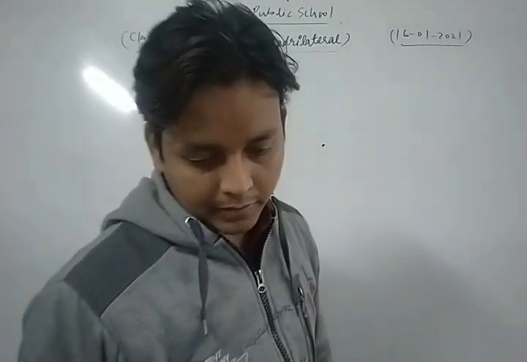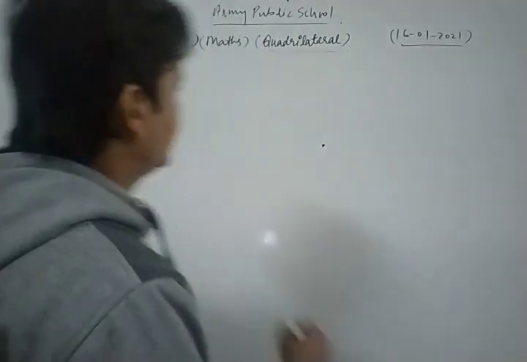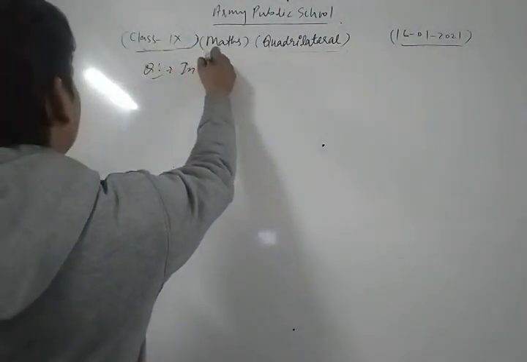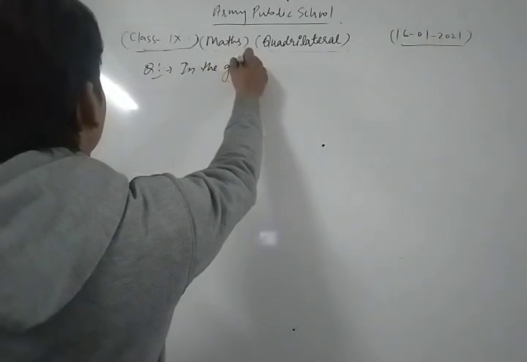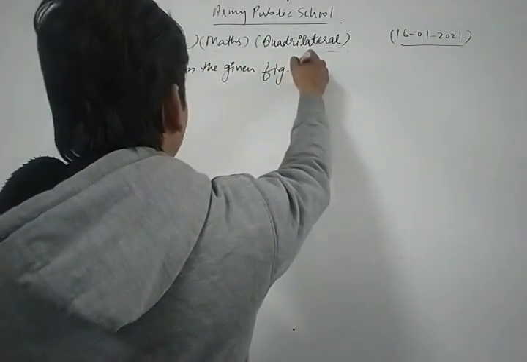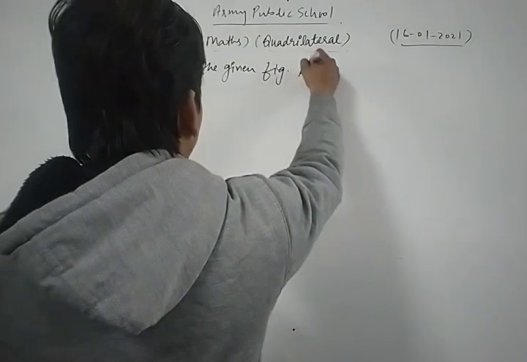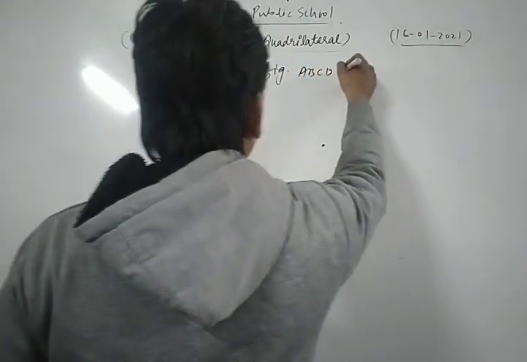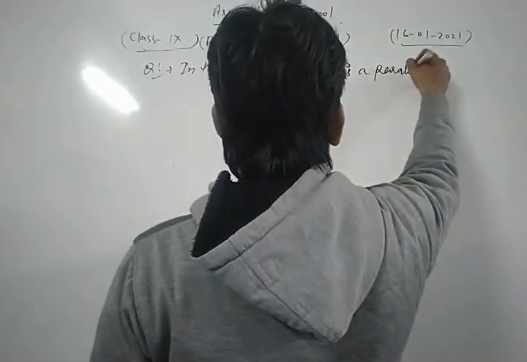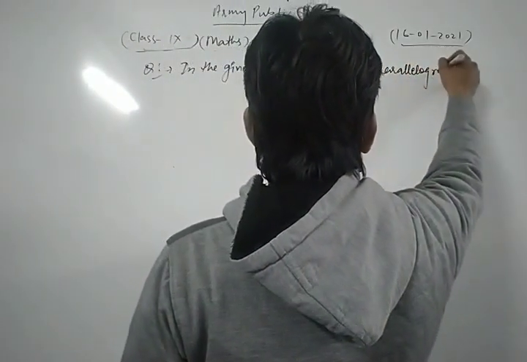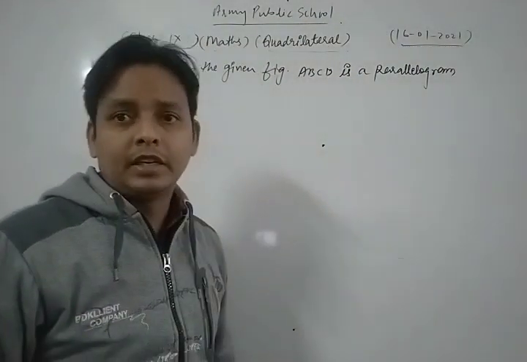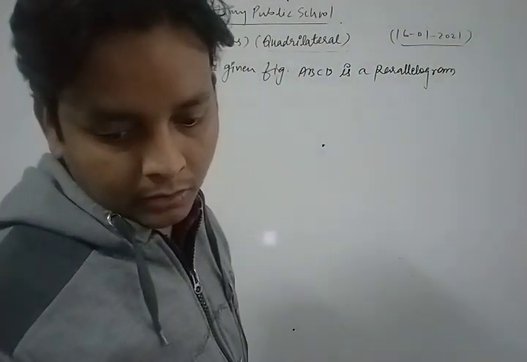Let's see. We take a question. In the given figure, ABCD is a parallelogram.